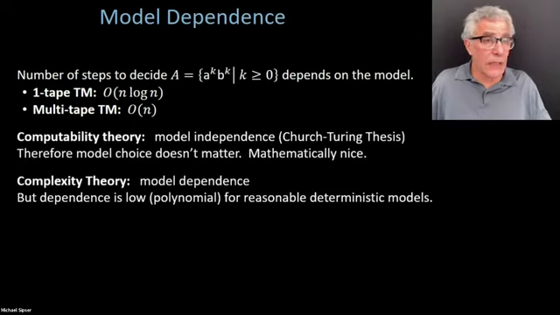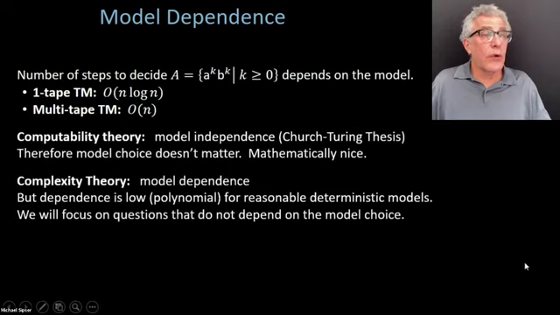So the dependence, though it does exist, is not going to be that much. It's going to be polynomial dependence, and we'll say exactly what that means in a second. From our standpoint, that's going to be a small, negligible difference that we're going to ignore. So we're going to focus on questions that do not depend on the model choice among these reasonable deterministic models.